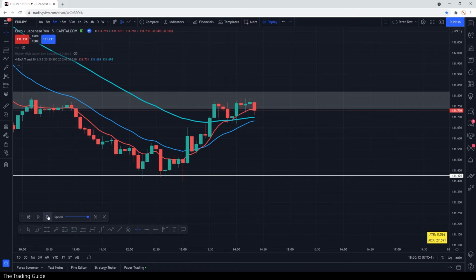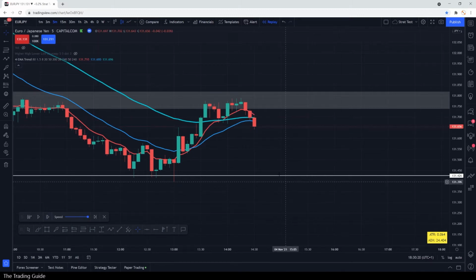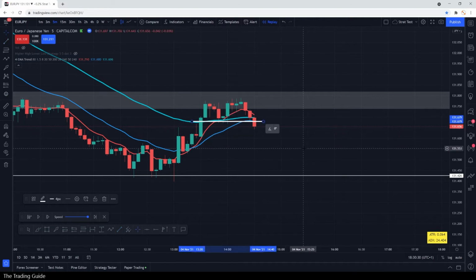So what we get here is some indecision candles, some dojis, and then price is dropping. It is dropping below all the EMAs, and it is also breaking this previous low. Okay, so I'll go ahead and enter the trade at the close of this bearish candle.